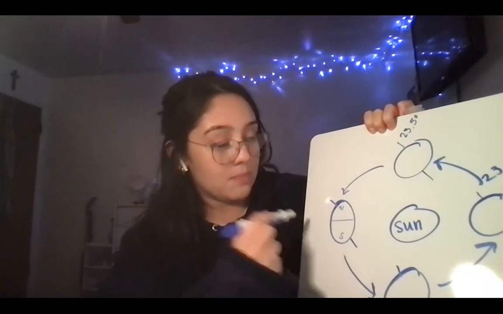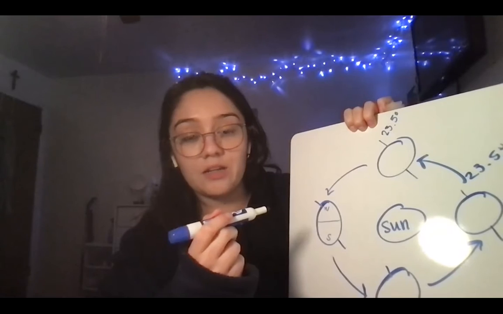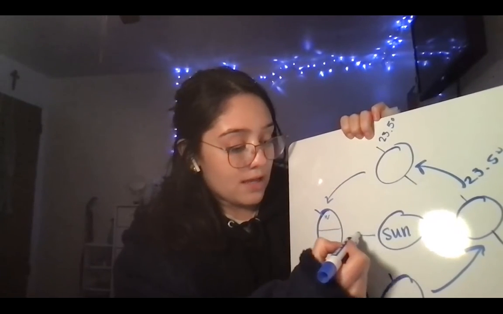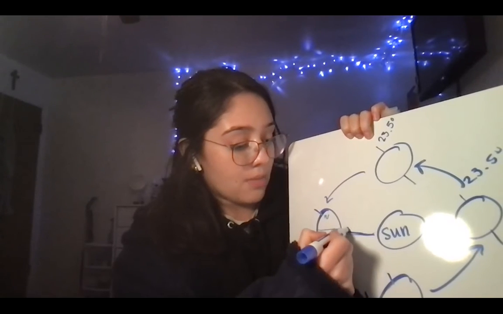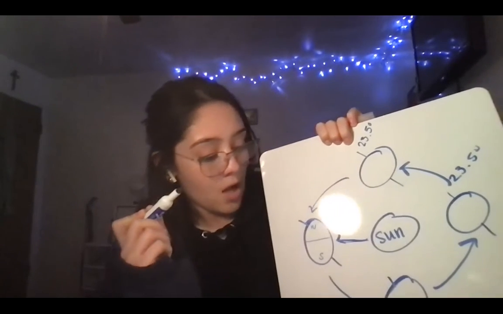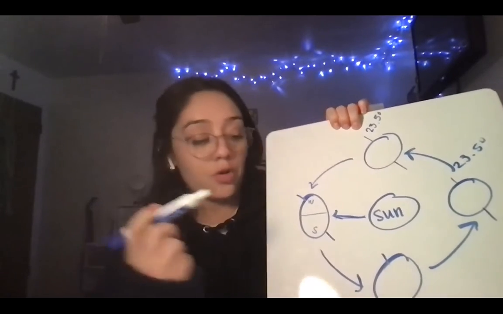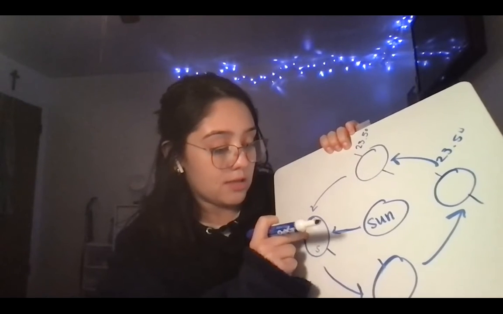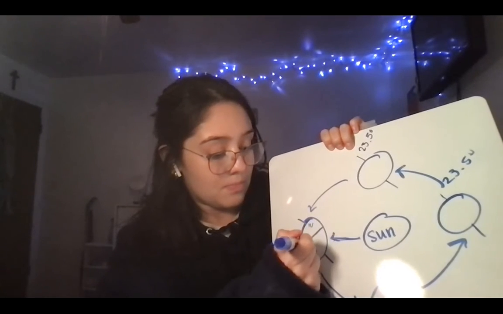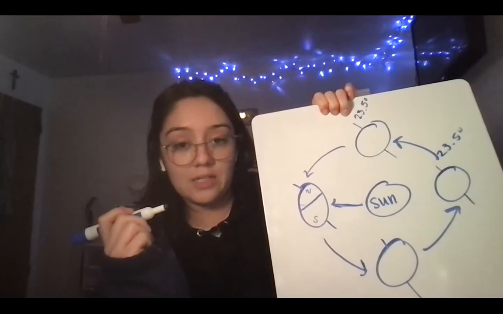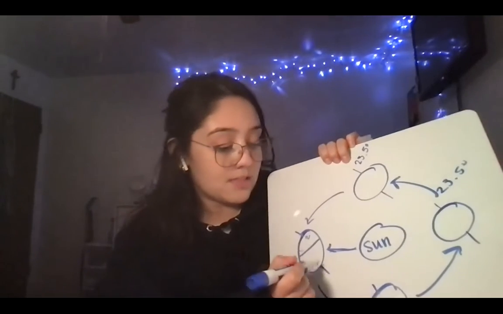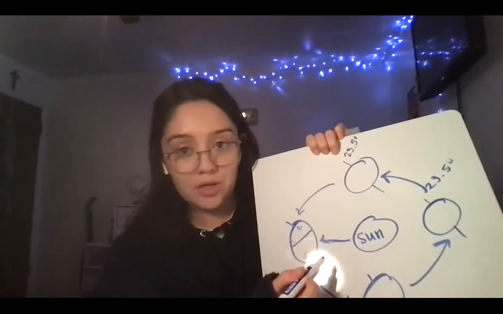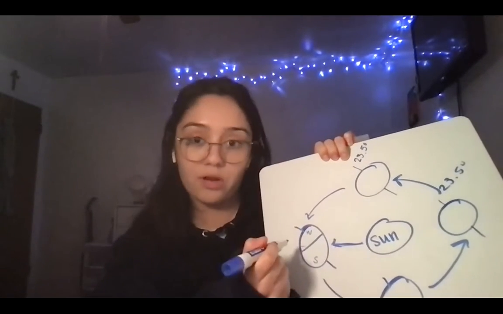In the wintertime, this would be winter in the northern hemisphere, and that is because the sun's rays are coming to Earth. Okay, but since Earth is tilted, I should draw the line tilted. So since the Earth is tilted like so, the southern hemisphere is going to be closer towards the sun and receive more of the sun's solar energy and light than the northern hemisphere.